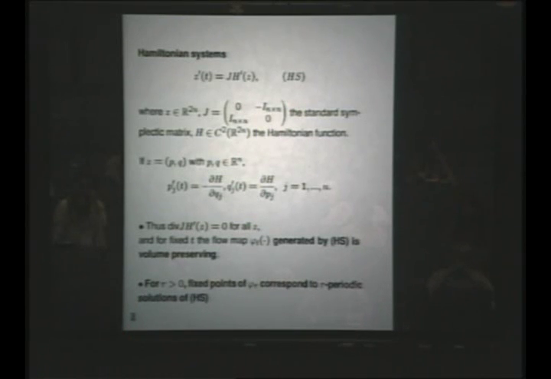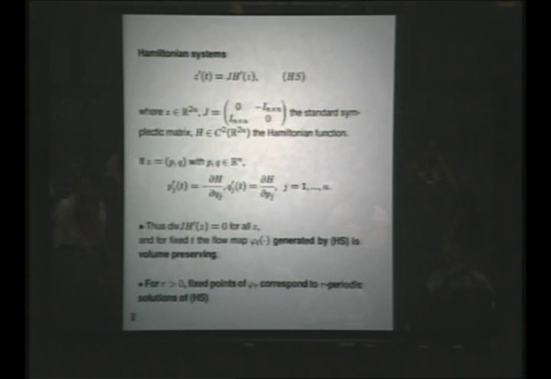Now, the first point I want to mention is that such a system is always volume preserving, because of this formulation. When you compute the divergence of the vector field on the right-hand side, you take a P derivative of this and a Q derivative of this.